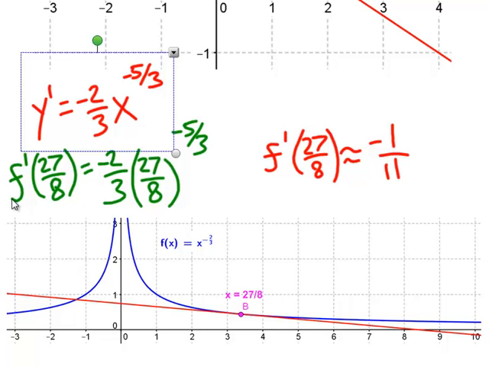Notice that for 27/8, very conveniently, the numerator and denominator are both perfect cubes. The top is 3 cubed, the bottom is 2 cubed, and that's not a coincidence. That's because if I take 27/8 and take the cube root, which is what the 3 in the denominator of the exponent tells me to do, then 27/8 to the 1/3 power is 3/2.